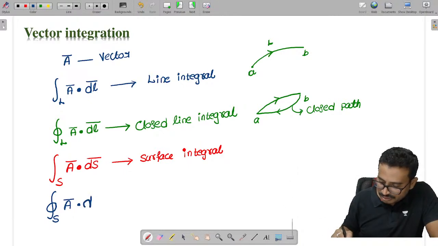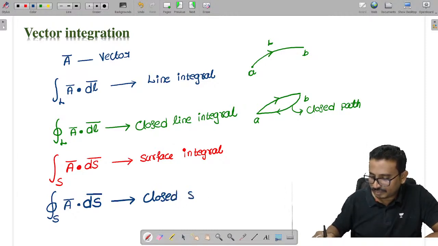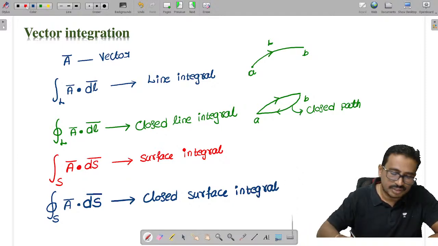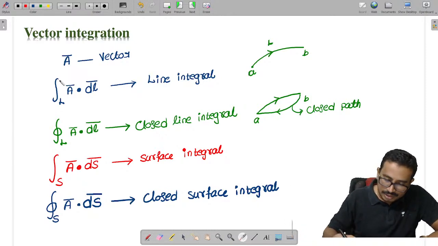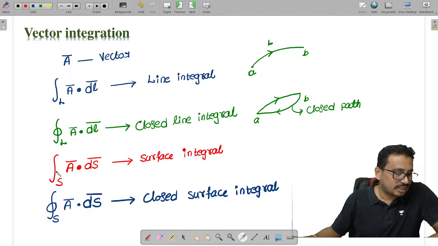This is called a closed surface integral. Here, if you see carefully, the line integral is a single integral, and where S indicates a surface integral, by default a surface integral is a double integral.